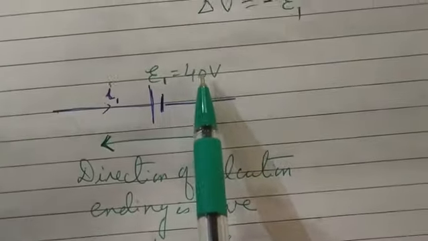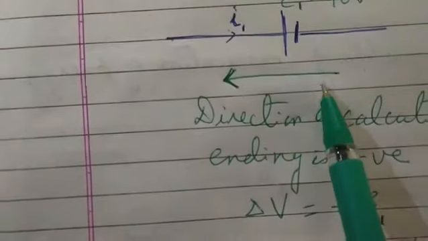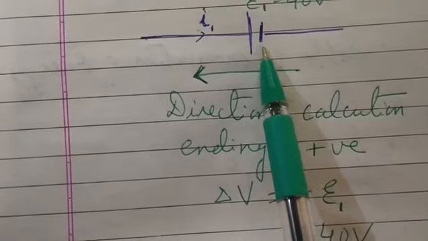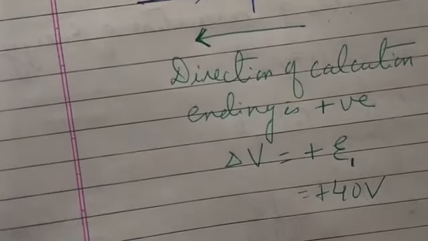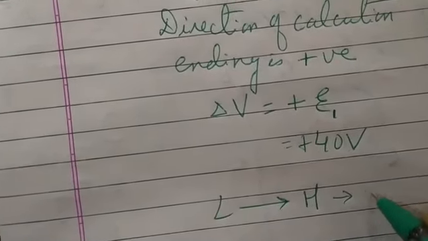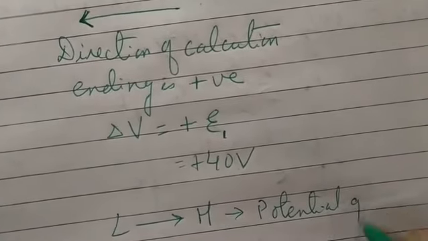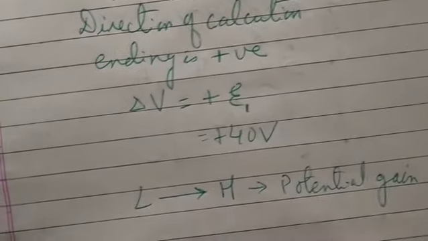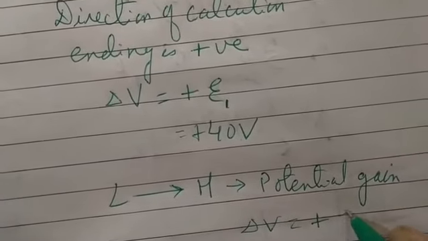If it is 40 volt, plus 40 volt. Or you can understand that current is flowing from lower potential to higher potential, so there is a potential gain.